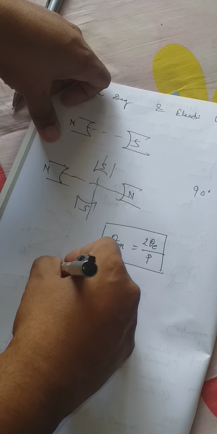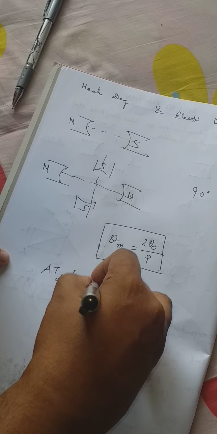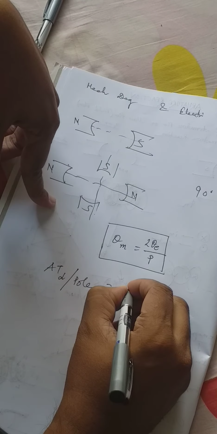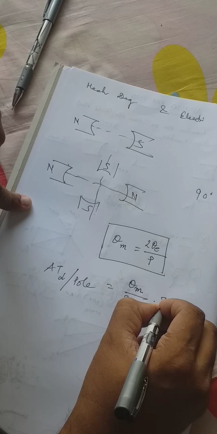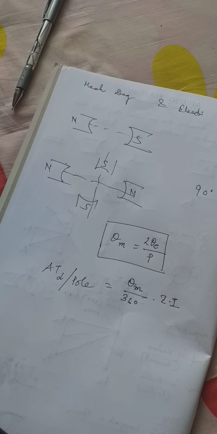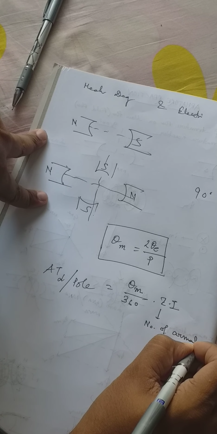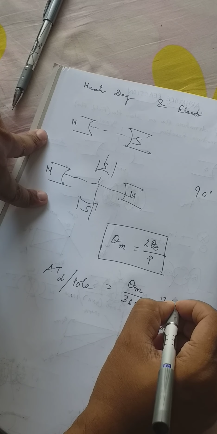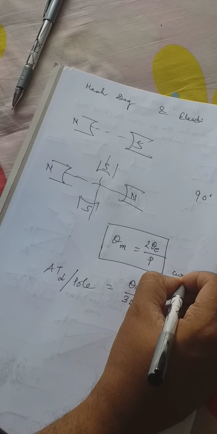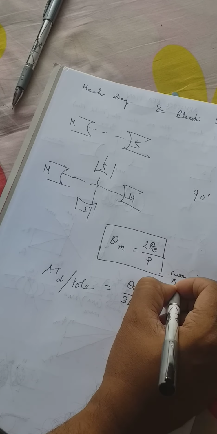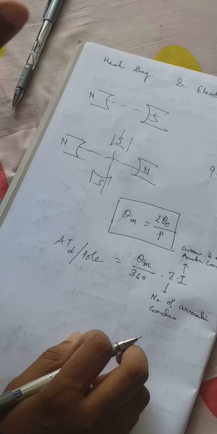That is ATd, the demagnetizing ampere turns per pole, equal to theta m, that is the mechanical degree, by 360 into Z into I, where Z is the number of armature conductors, and I is the current in each armature conductor.